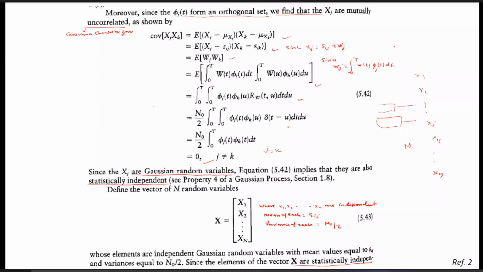Then we can define a random vector X which is given by x1, x2, up to xn. And all these will be mutually uncorrelated, because for the outputs of the jth correlator and kth correlator we have seen that the covariance comes out to be 0 and both are independent of each other.